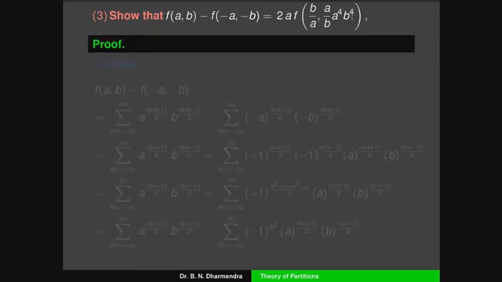We can consider the proof with the LHS side, f of a comma b minus f of minus a comma minus b, where f of a comma b is the summation n running from minus infinity to plus infinity of a to the power of n into n plus 1 by 2 into b to the power of n into n minus 1 by 2, minus the summation n running from minus infinity to plus infinity of minus a whole to the power of n into n plus 1 by 2 into minus b whole to the power of, it's not plus, this one is minus, n into n minus 1 by 2.